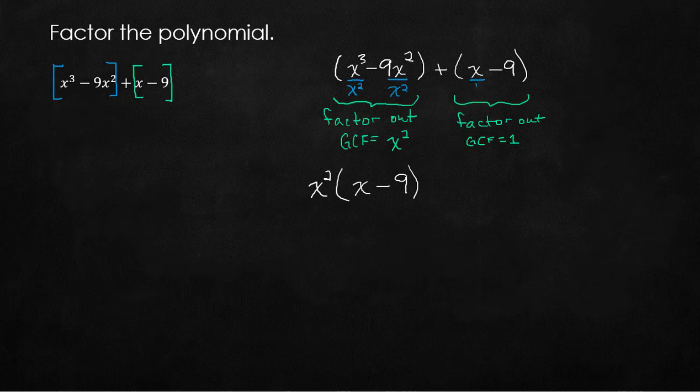Because if you're factoring by grouping, you're going to have something to come out, because you got to get your 2 sets of parentheses. So I'm taking out a 1. Essentially, that doesn't change anything inside here. We're still left with an x minus 9. And again, just to remind you, you can check to see if you've done it correct, because you should get the same thing in each set of these parentheses.